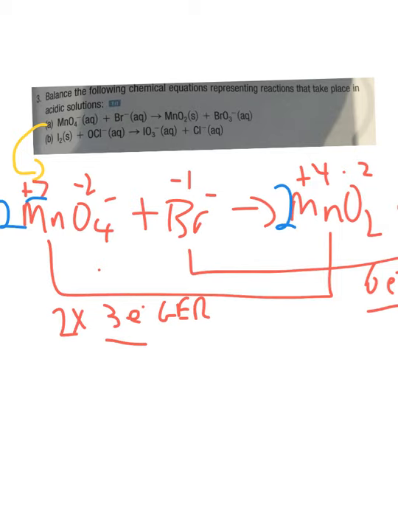The 7 applies for only one Mn. So if you had 2 of them, you have to have 2 on the other side as well. Okay? I don't see any other things that we need to change right now. We now have our 6 electrons. We have our manganese.